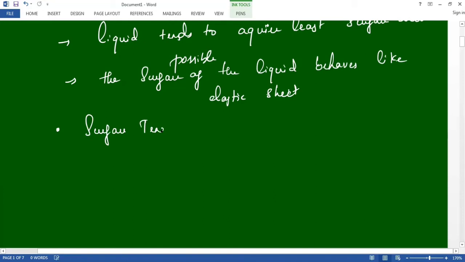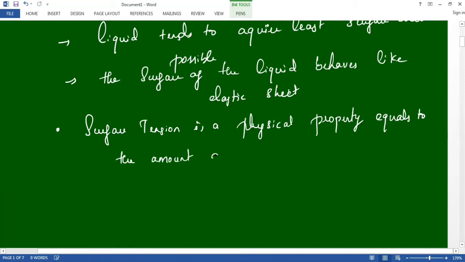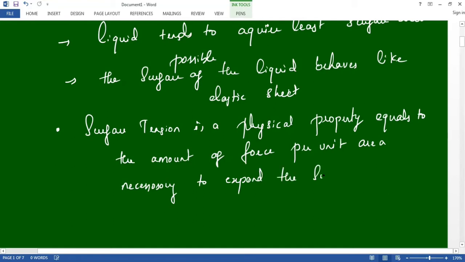Surface tension is a physical property equal to the amount of force per unit area necessary to expand the surface of the liquid.